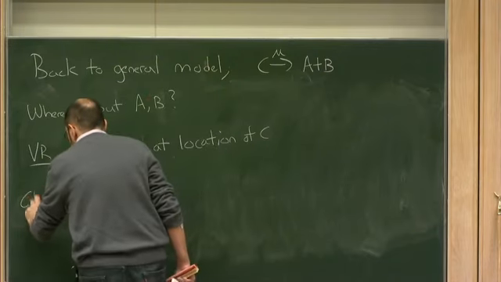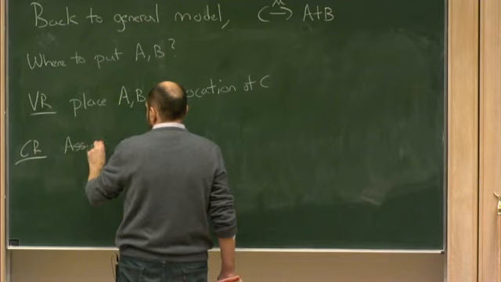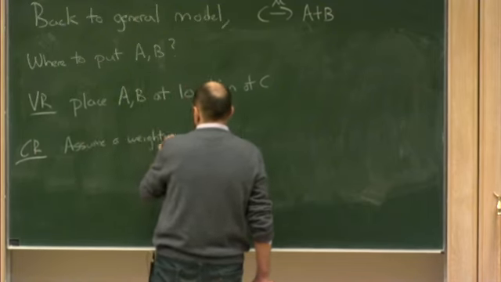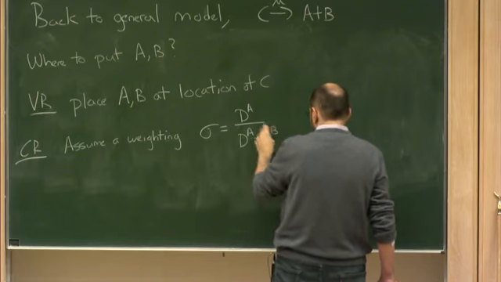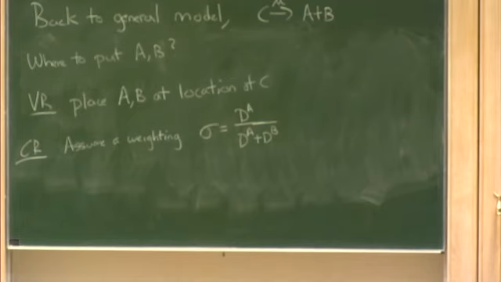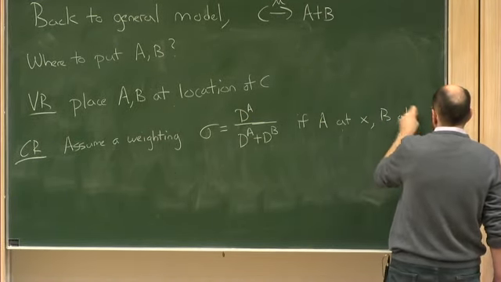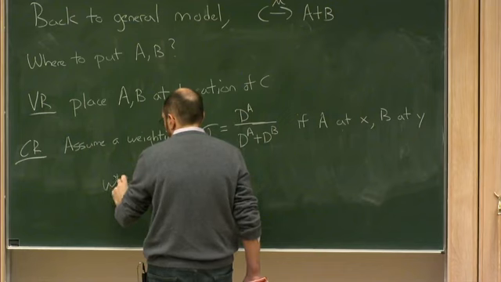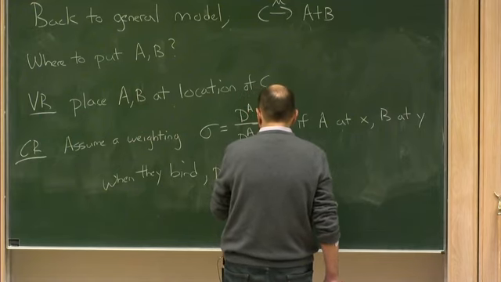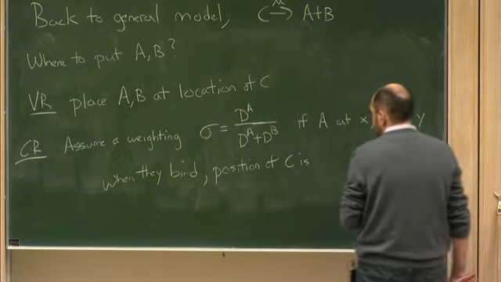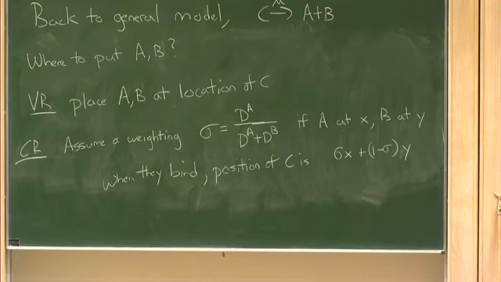In the contact reactivity model, we're going to assume a weighting sigma, the diffusion constant of A over the diffusion constant of B plus the diffusion constant of C. If A is at x and B is at y, when they bind, the position of C is going to be sigma x plus 1 minus sigma y. That's the forward reaction.